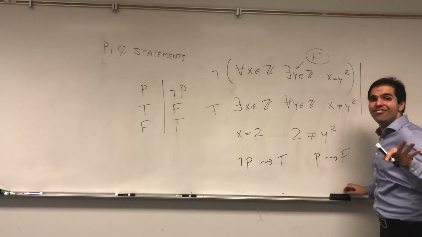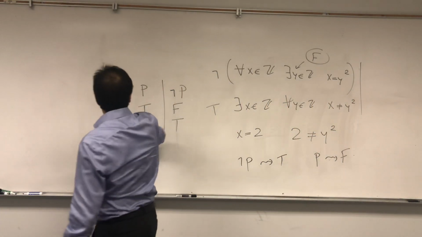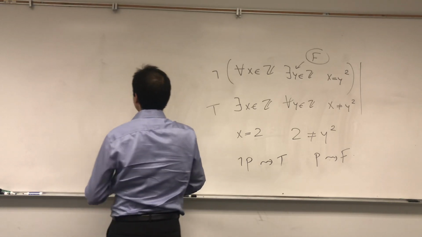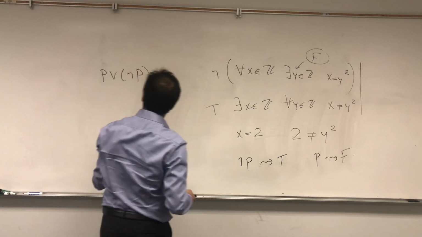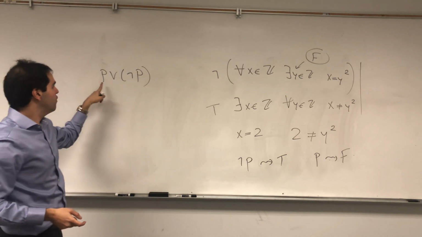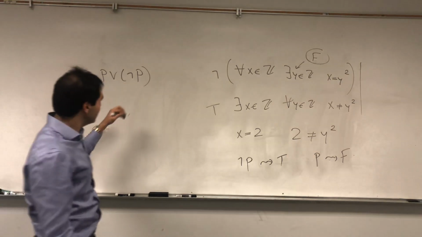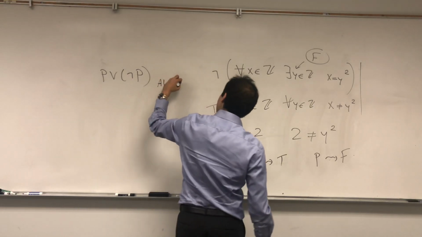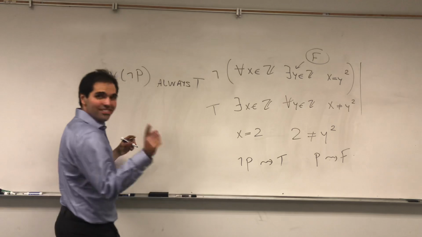Last but not least, the fun thing I tried to do at the beginning is the following. What can you tell me about P or not P? Well, look, if P is true, this is true. If P is false, then this is true, so this thing is always true. Well, here's the fun thing.